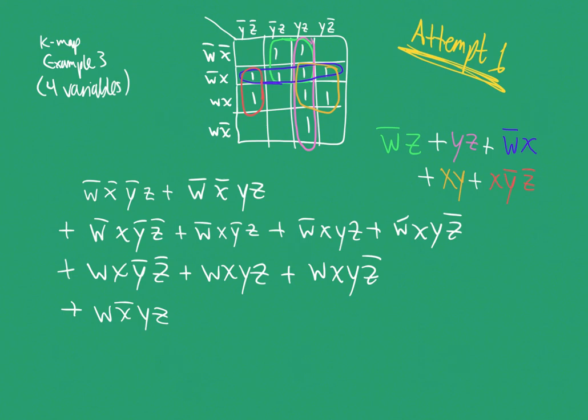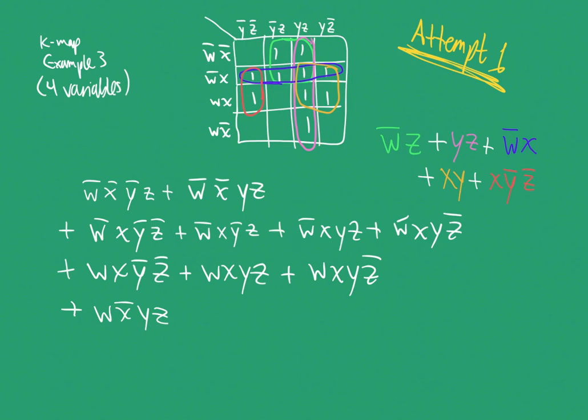Now, is this as simplified as we could get? Well, it's hard to tell just by looking at this. We can try to play around with properties with the remaining terms and see if we can simplify more, but that's kind of a pain to do, and that's the whole purpose of using K-maps.